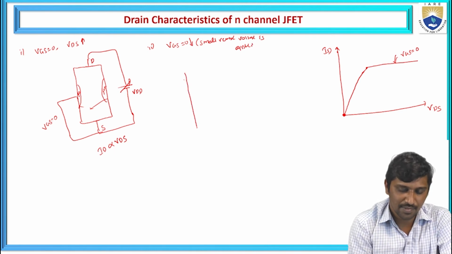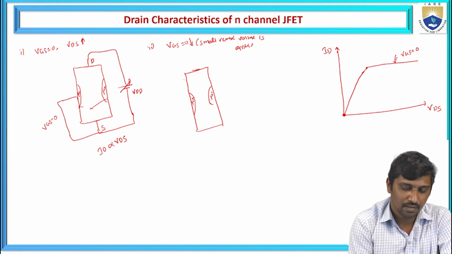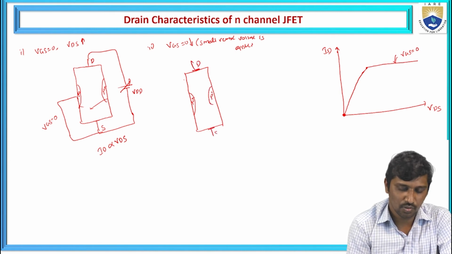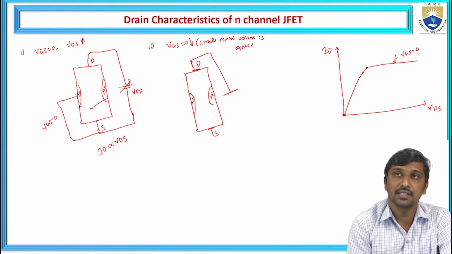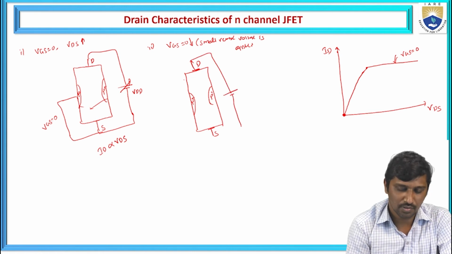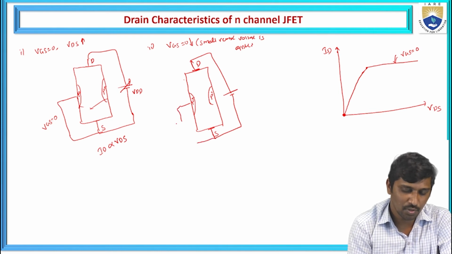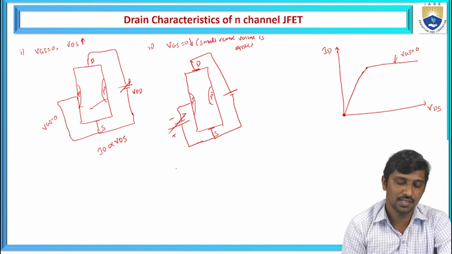For the same construction, this is the N channel, and this is the heavily doped P+ material, drain, and this is source. Drain is biased positive and source is biased negative. So now I'm going to apply a small reverse voltage between the gate and the source ends. So VGS is decreased from zero.